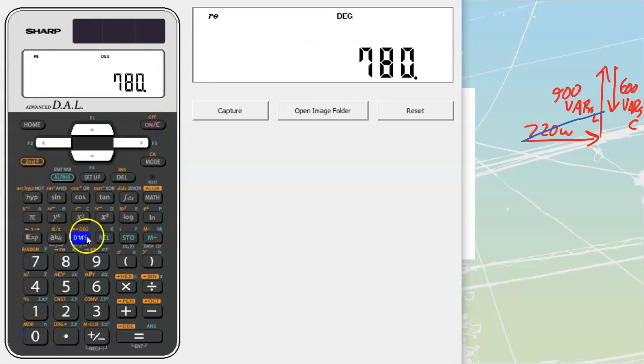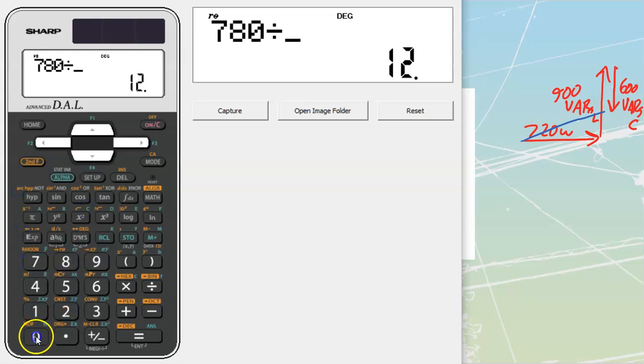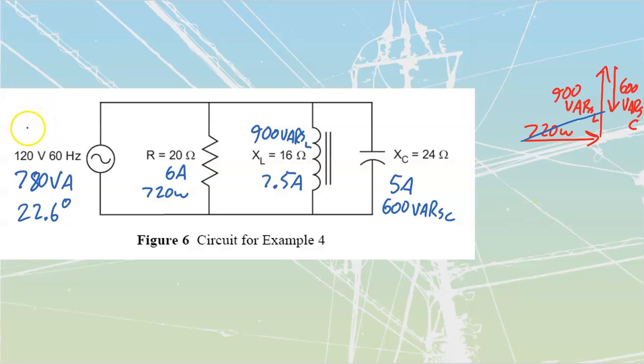780 at an angle. Oops, sorry. Doing that, we're going to use that one in a minute, but 780 divided by 120 equals 6.5 amps total. So I've got a total of 6.5 amps over here.